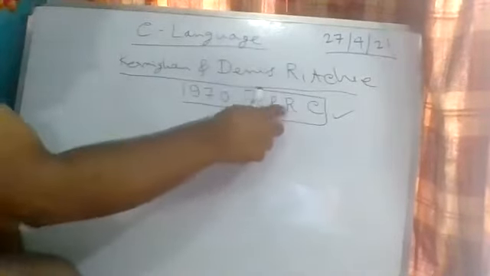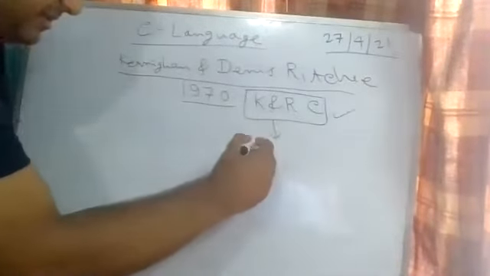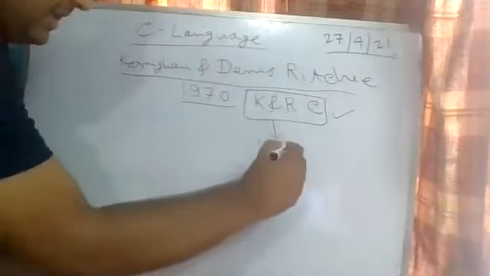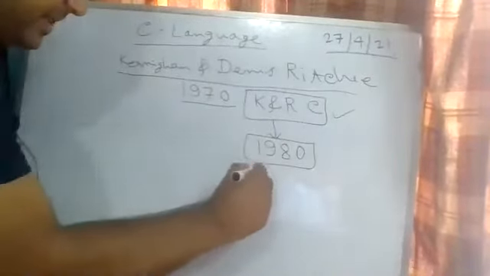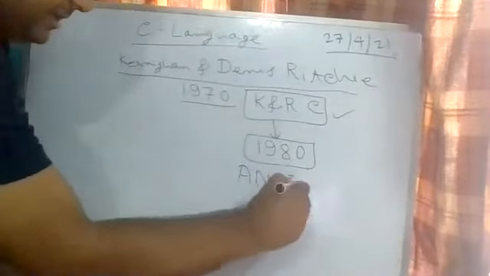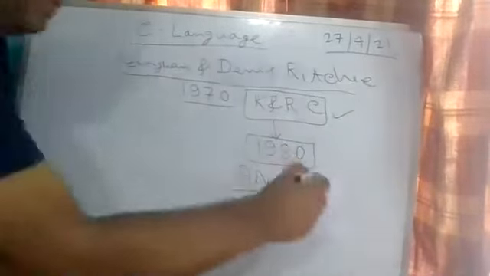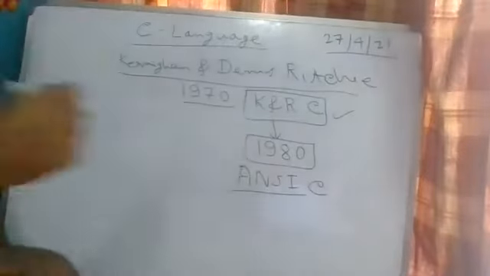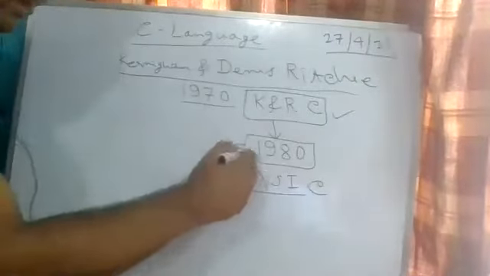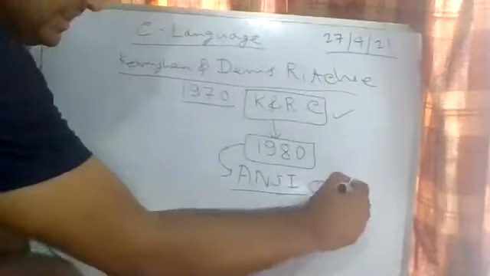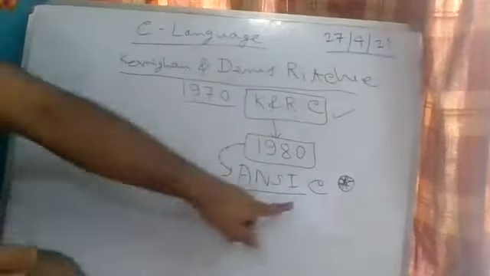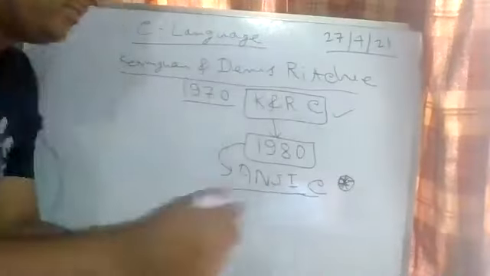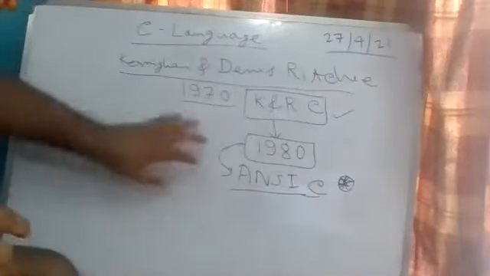After 10 years, around 1980, it was standardized or accepted by ANSI, the American National Standards Institute, and then it became ANSI C. Then it became commercially flourished, commercially used in the market for software programming, to build various kinds of software.